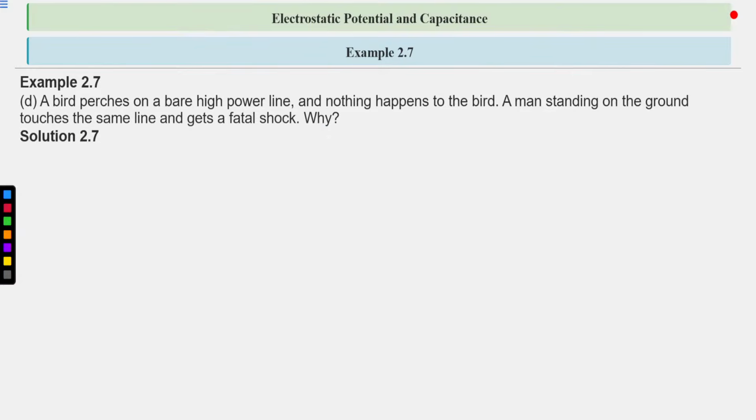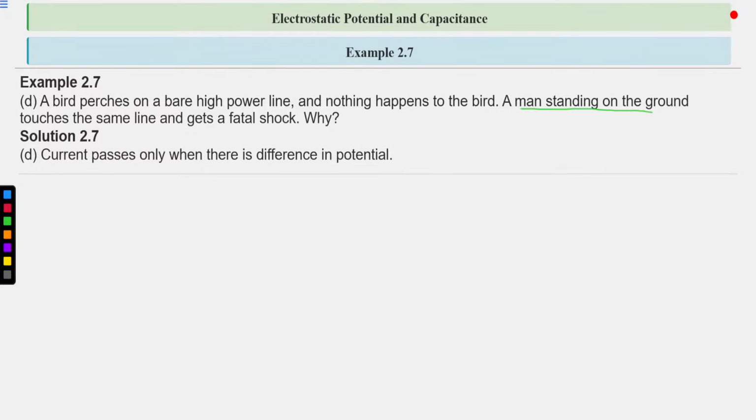So the solution is, current passes only when there is a potential difference. When you touch the wire, your hand is on high potential, the high voltage power line, while your feet are on the ground.